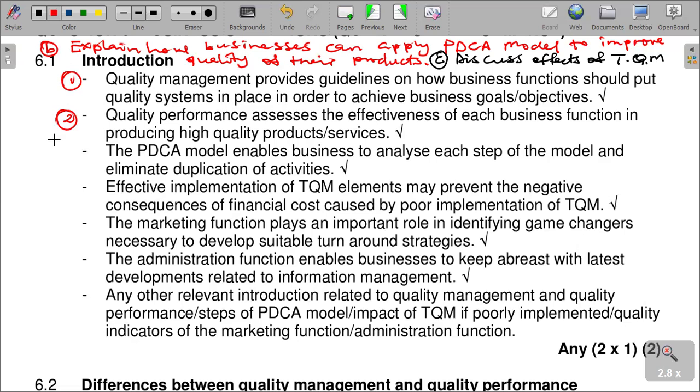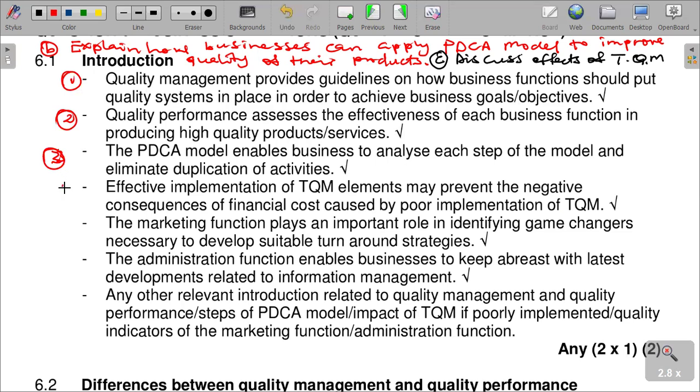Quality performance assesses the effectiveness of each business function in producing high quality products. That is a possible introduction again. Or you can have number 3, where you can talk about the PDCA model, enabling businesses to analyze each step of the model and eliminate duplication of activities.